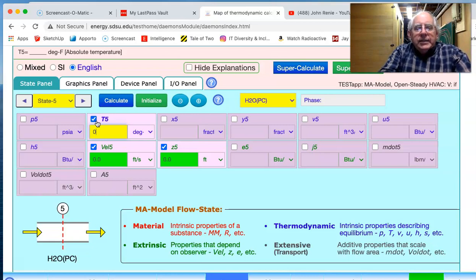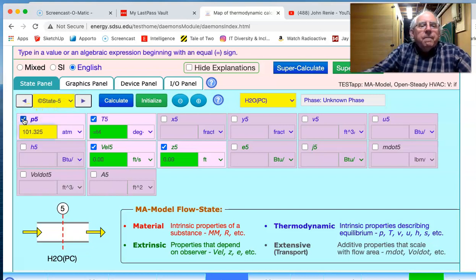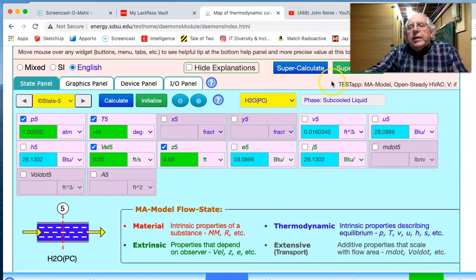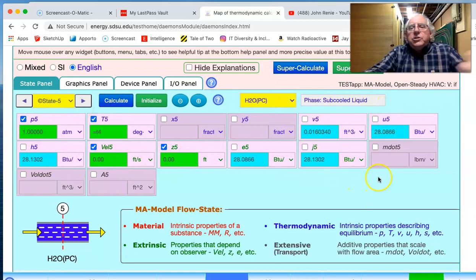So I'm going to go ahead and say that that's at temperature 4. Okay, now we'll go ahead and say that it's at 1 atmosphere of pressure. And so now at that 60 degrees and at this 1 atmosphere of pressure, it is liquid, subcooled liquid water. This is the conditions associated.